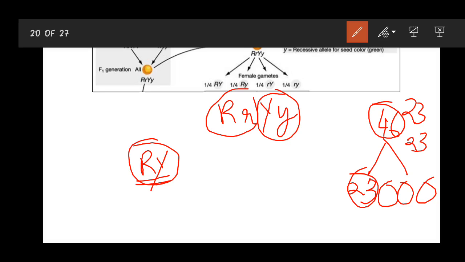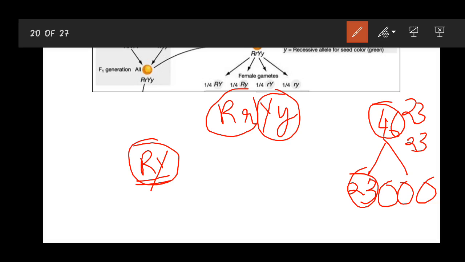These are two different characters, and there is no rule that the dominant one should be present only with the dominant trait of the other. It is a chance, and the chance is nothing but, as we said during meiosis, how they align during metaphase of meiosis.